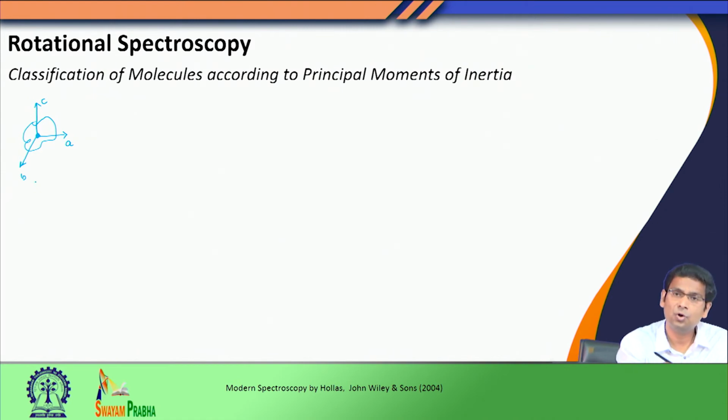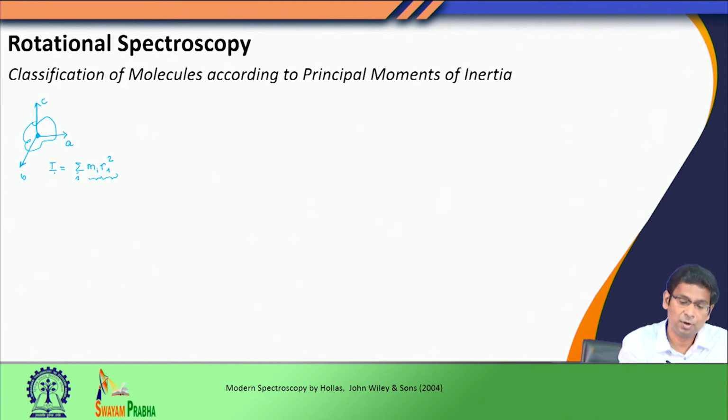Now, when a molecule rotates along a particular axis, it has a corresponding moment of inertia. So, the corresponding moment of inertia is given as I equals sum of m_i r_i squared, where m_i is the mass of a particle in this molecule which is rotating around a particular axis, and r_i is the distance of this particle from that particular axis.